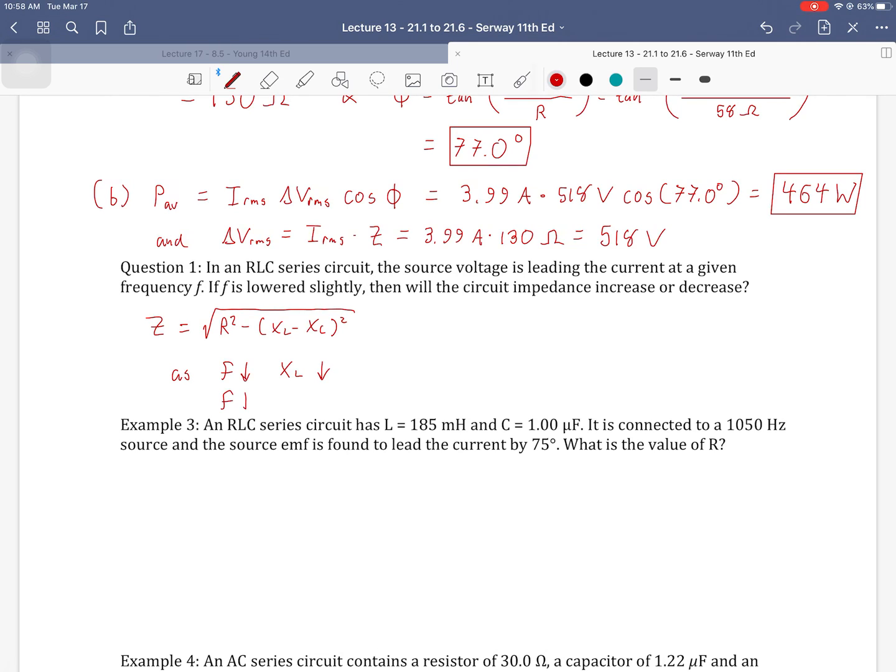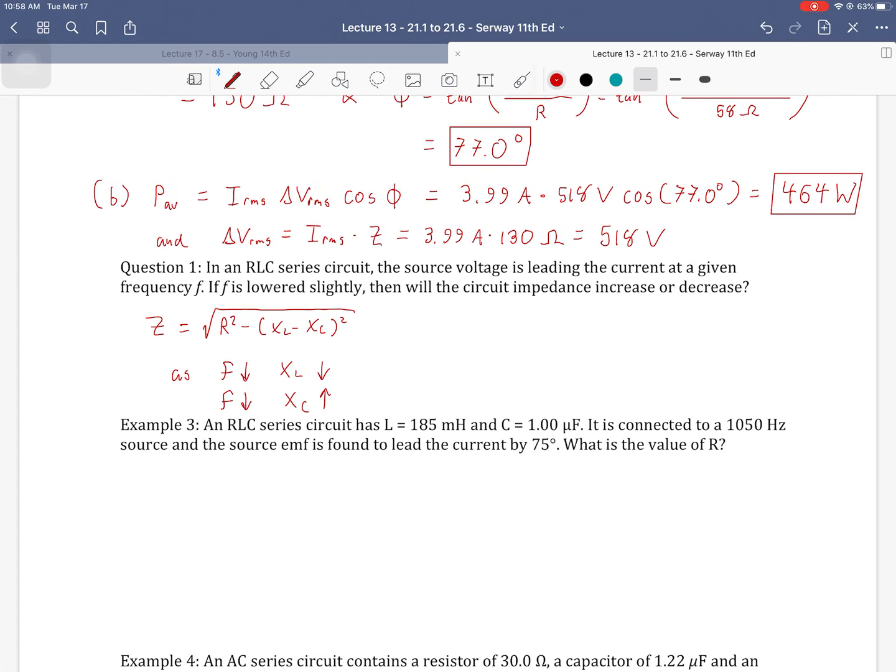And as the frequency is lowered, the reactance of the capacitor goes up, because reactance in capacitors is inversely proportional to the frequency. So as frequency goes down, the reactance gets bigger and bigger. So we can definitely see what's happening then.